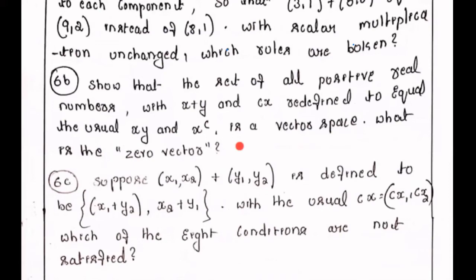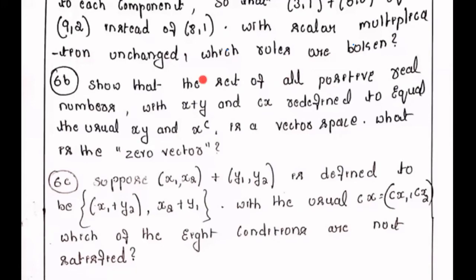What they mean is, you have a set of all positive real numbers with x plus y and cx. We used all these things in all the 8 axioms: we used x plus y and multiplied a constant with x. You have to redefine it.